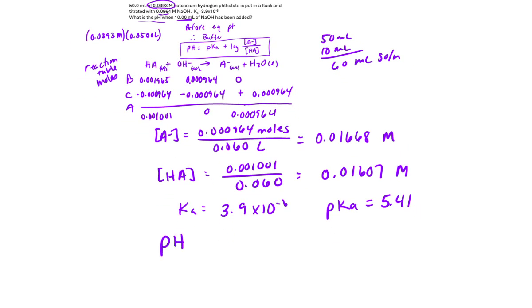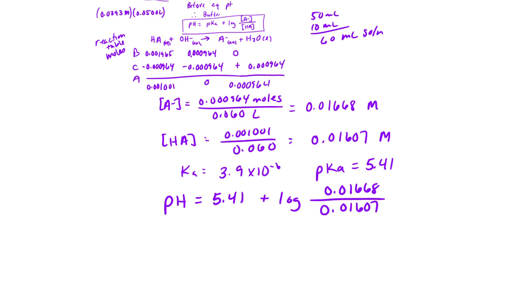So to solve for the pH, we're going to take pH equals our pKa 5.41 plus the log of the A minus concentration, 0.01668, divided by the HA concentration, 0.01607. When we calculate this, we should get 5.39.